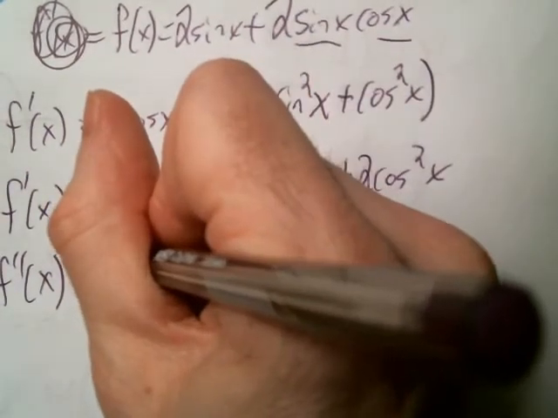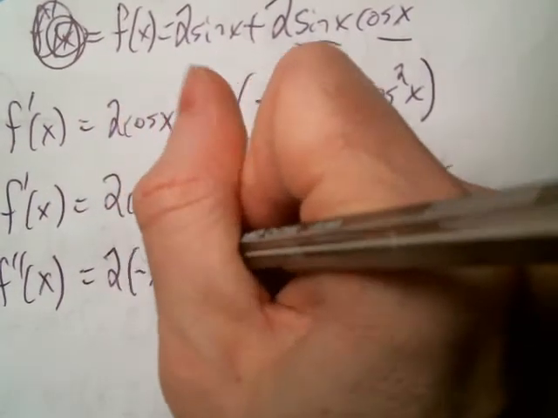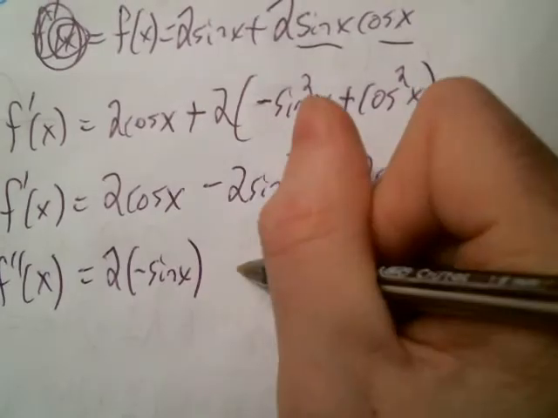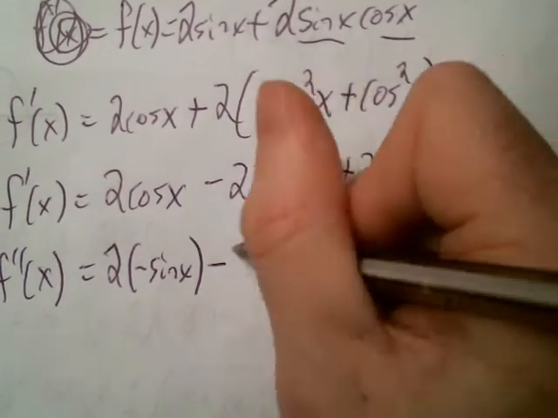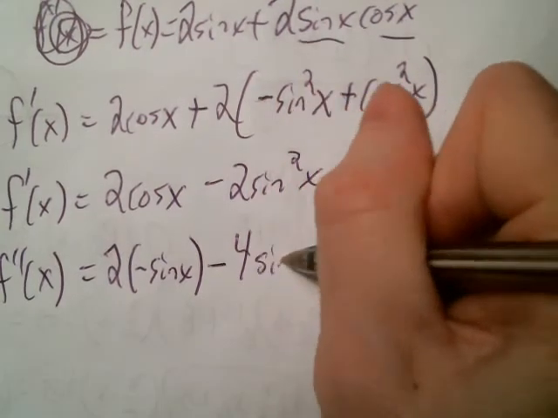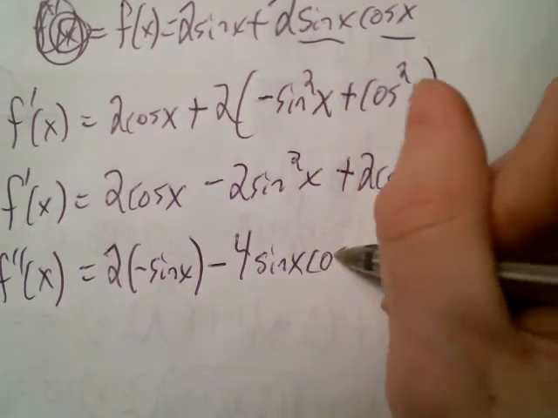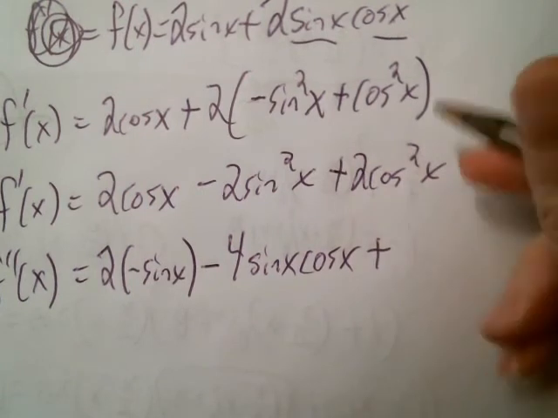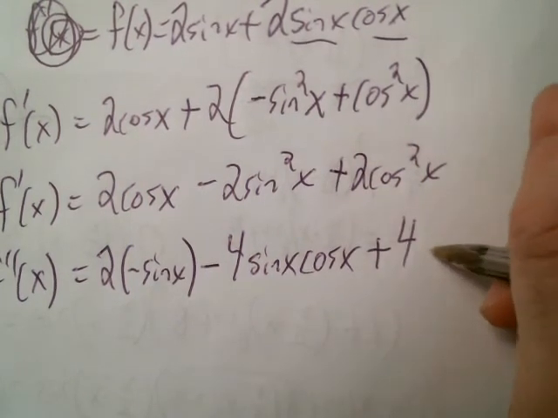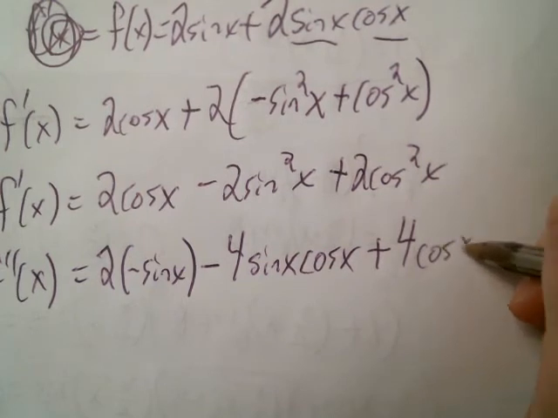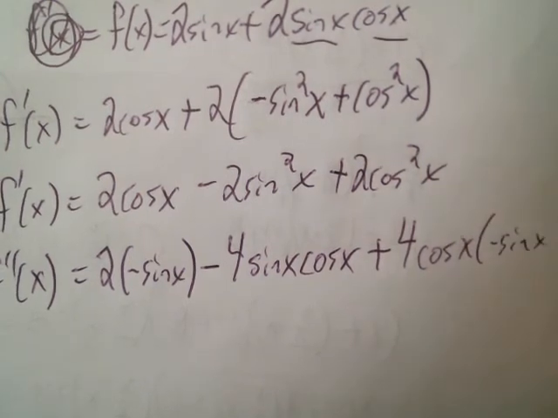this is snowballing, right? 2 times negative sine x, minus, I got to do a power rule and then a chain rule, so minus 4 sine x times cosine x, and then plus a power rule, chain rule, so 4 cosine x times negative sine x. Right?